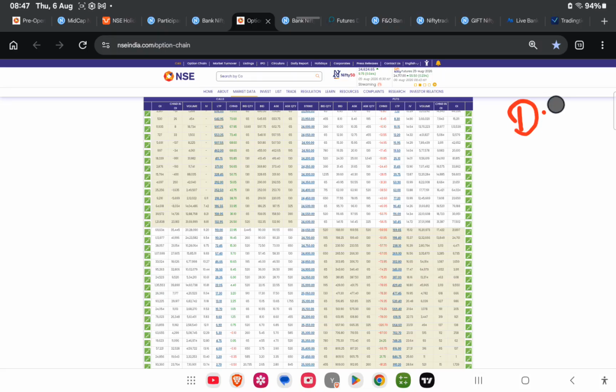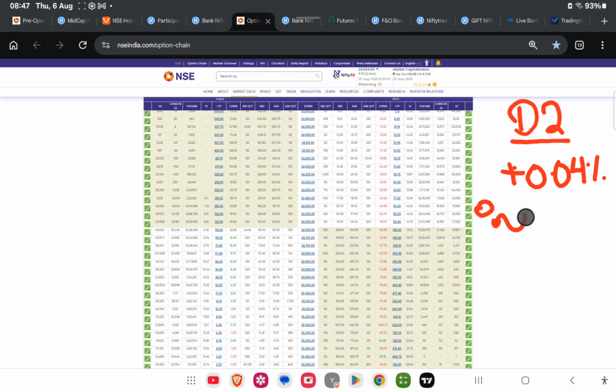Let me write it: it's day 2 from expiry, and a positive 0.04 percentage move happened. Here was the open, and then it touched the resistance and again touched the resistance. So this was resistance and this was support.